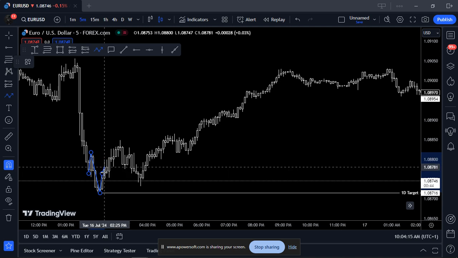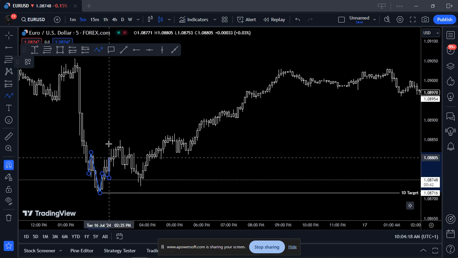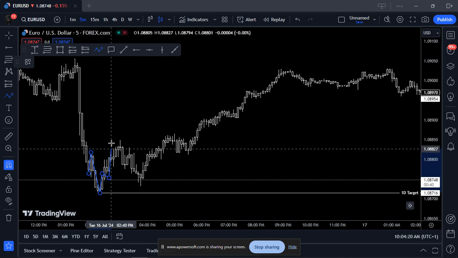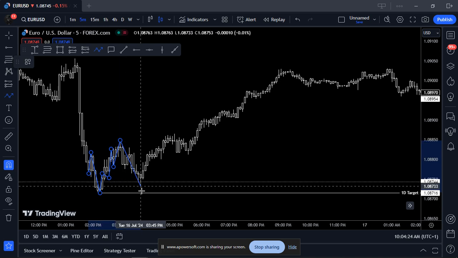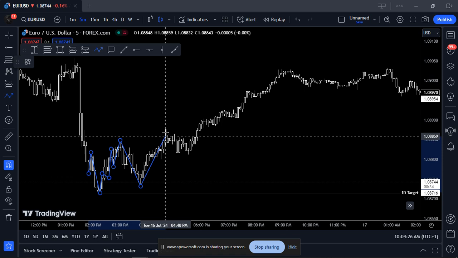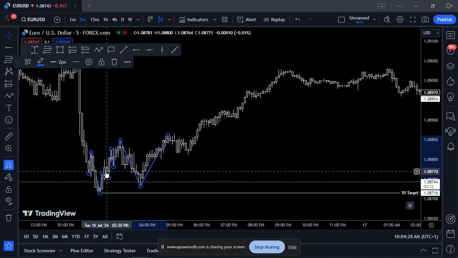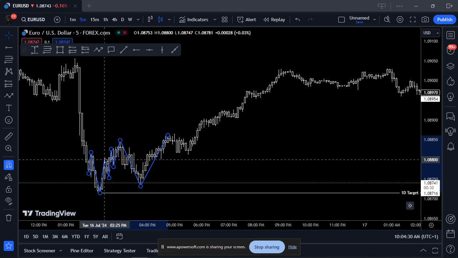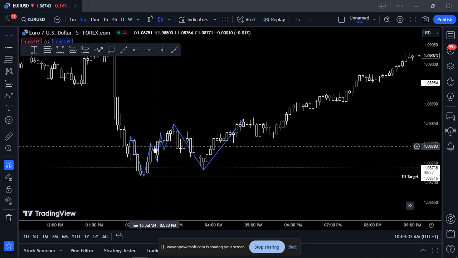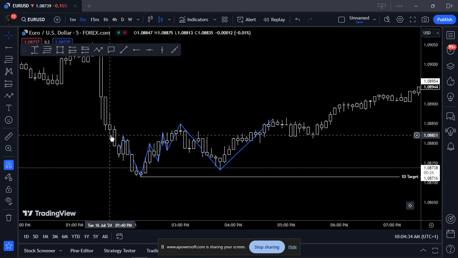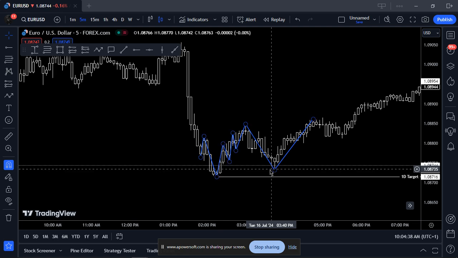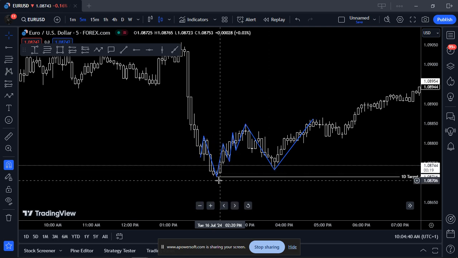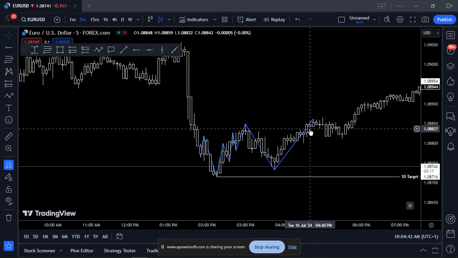I'll fix this later. Okay, look at it. We got our opposing liquidity. It was taken, then the price came to take the fueling liquidity without taking out the start, then closes.